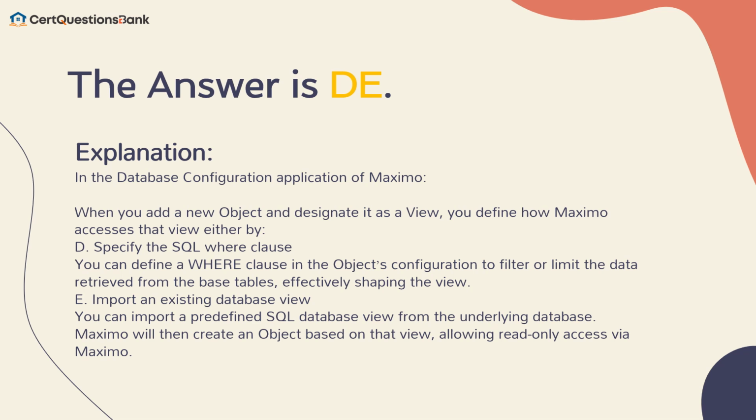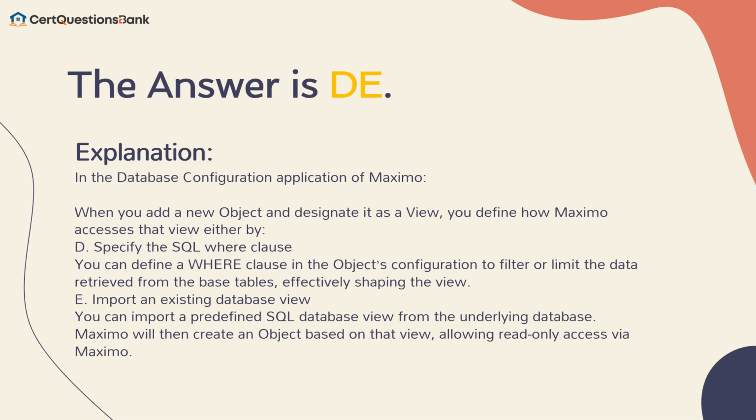In the database configuration application of Maximo, when you add a new object and designate it as a view, you define how Maximo accesses that view, either by D. Specify the SQL where clause.